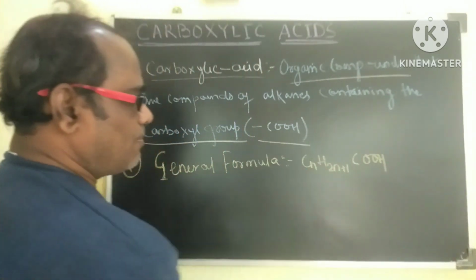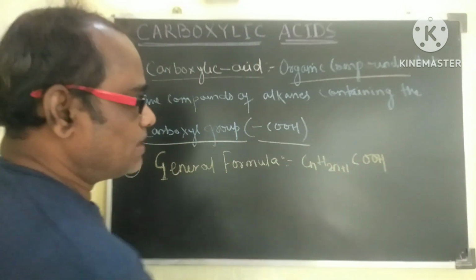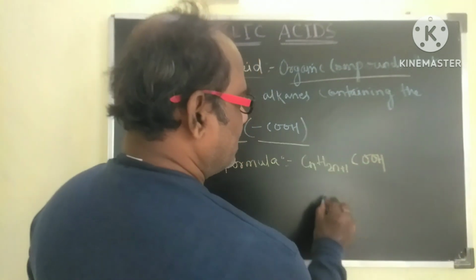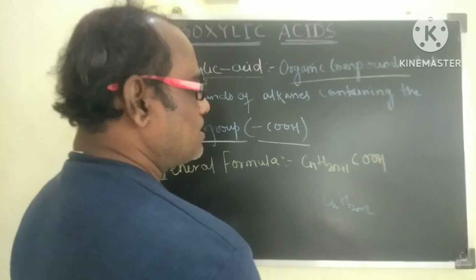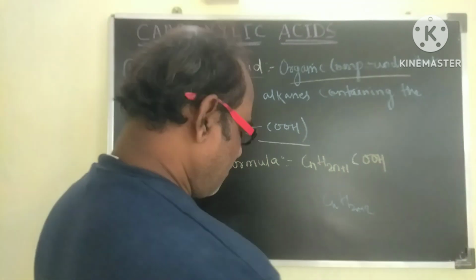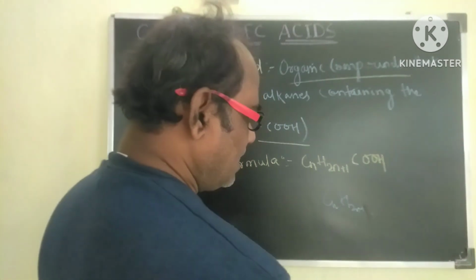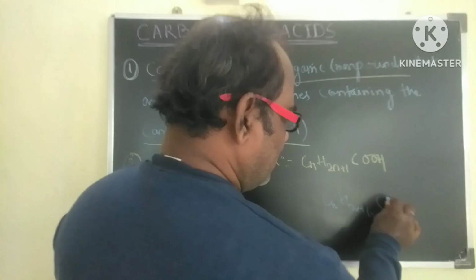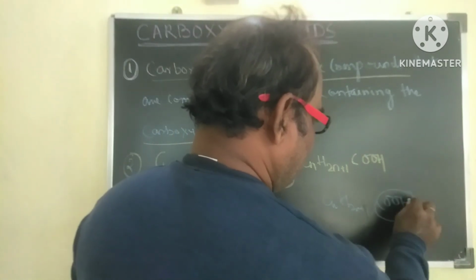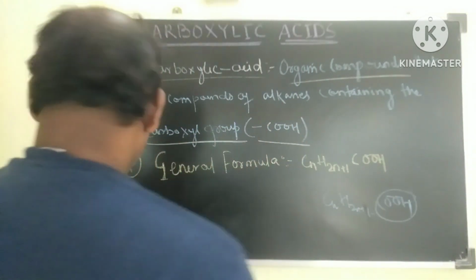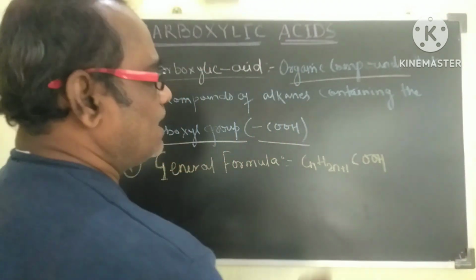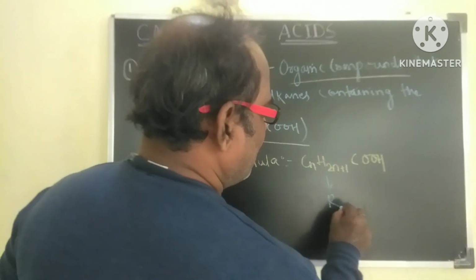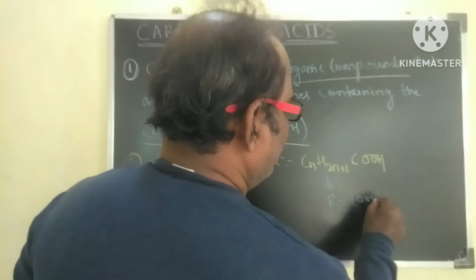That is COOH group. We know that the general formula of alkane is CnH2n+2. Now suppose if we take one hydrogen out from here, then it becomes CnH2n+1 including COOH. So we can say that they are derived from alkane, and this we write as RCOOH.